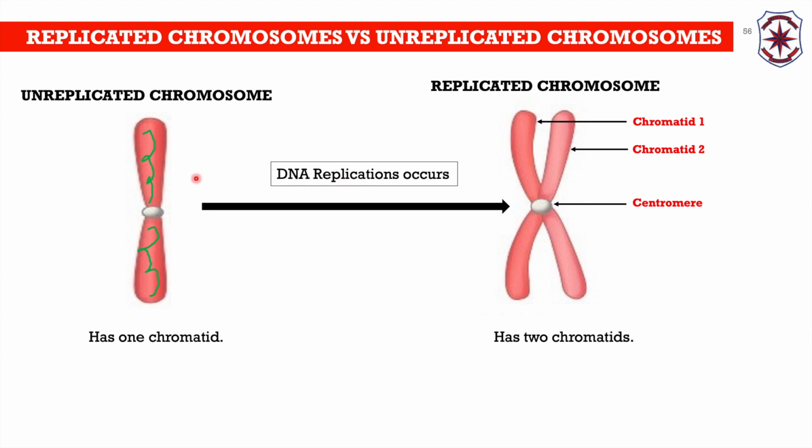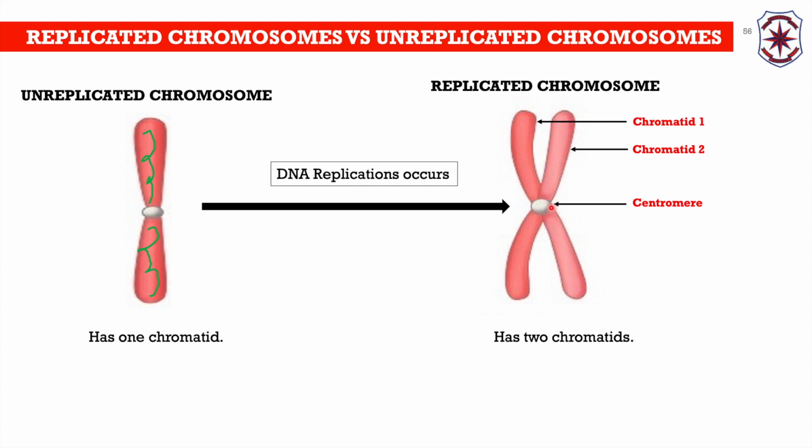When we make a copy of the DNA that we find in this chromatid, what do we expect to find? A copy of that would actually form a separate chromatid. Meaning a replicated chromosome would contain the original chromatid, that one over there, and the second chromatid would be a copy chromatid.